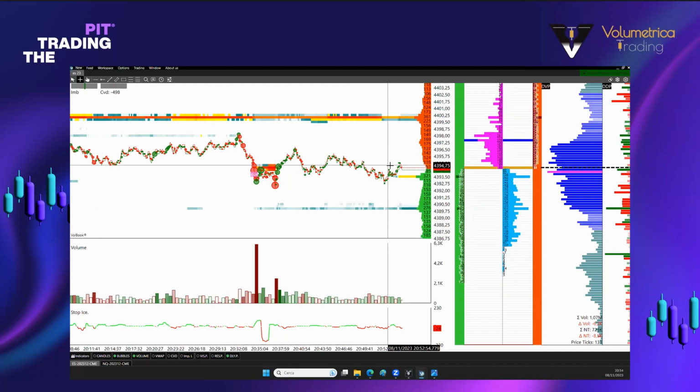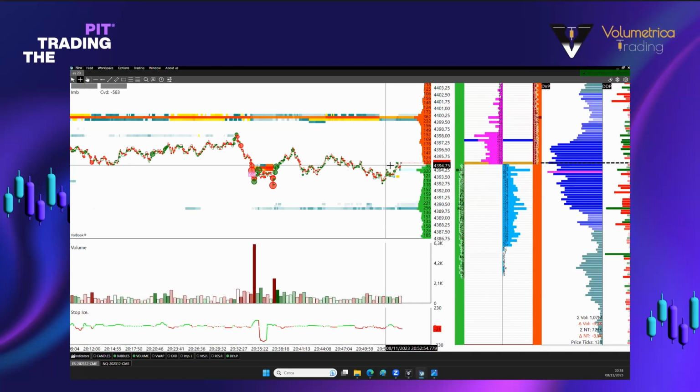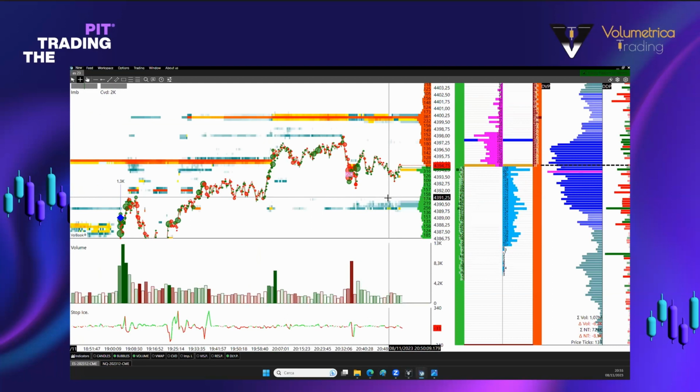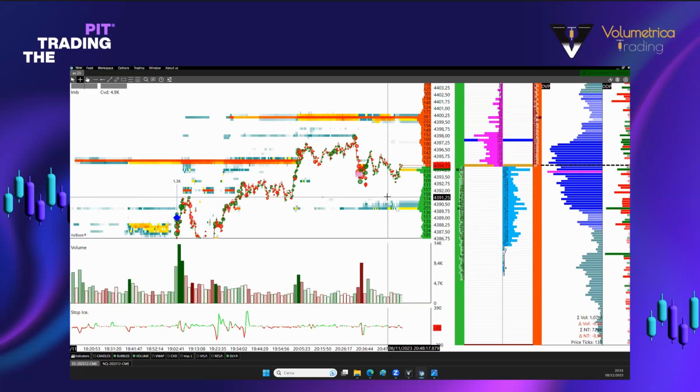Liquidity definitely acts in the first place as possible points of support or resistance, because the market will need more aggressive orders to just break those areas. But at the same time, liquidity also acts as an attraction point for price.